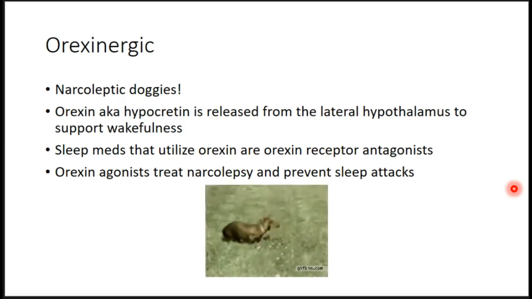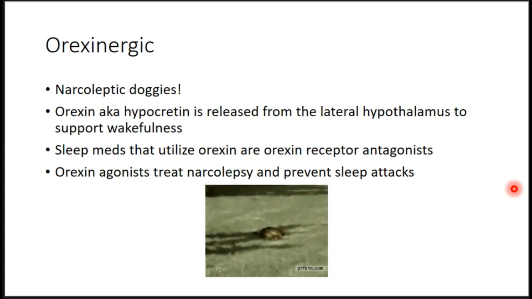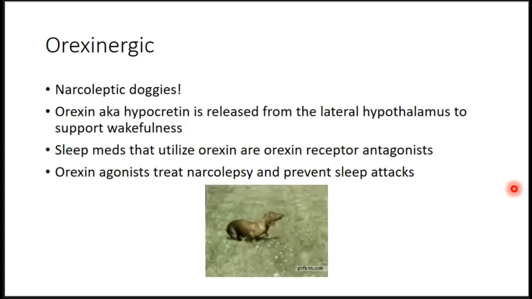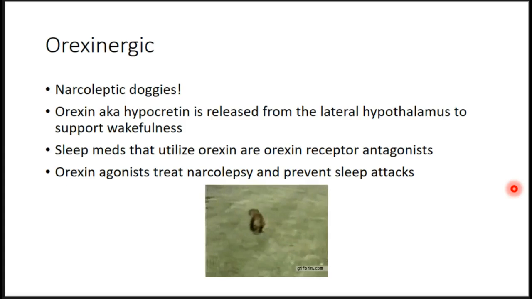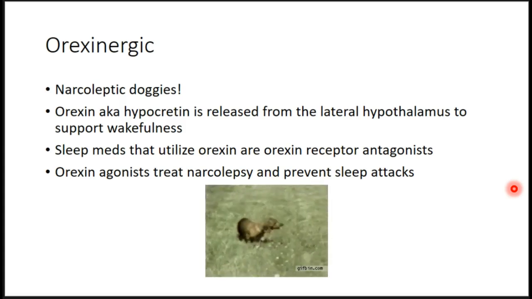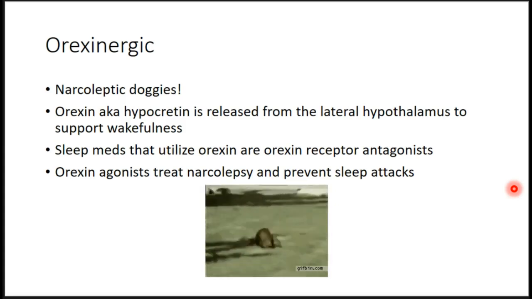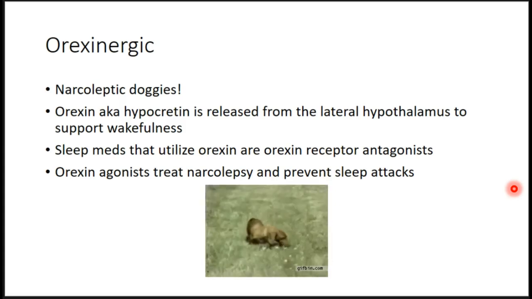They inbred dogs with narcolepsy to find out what was neurologically different about them. And what they found was that they were lacking orexinergic neurons. So orexin is also known as hypocretin, and it helps keep you awake.